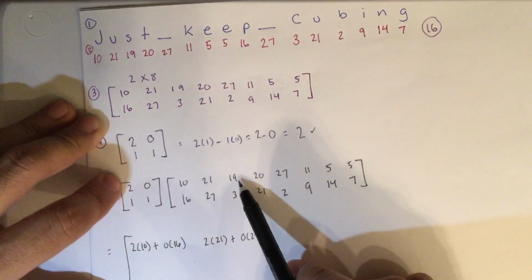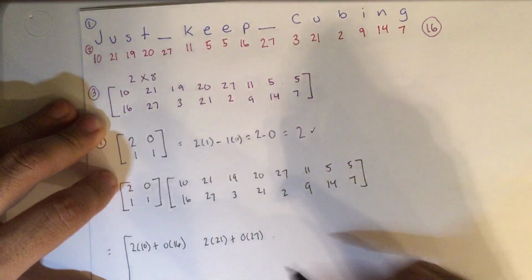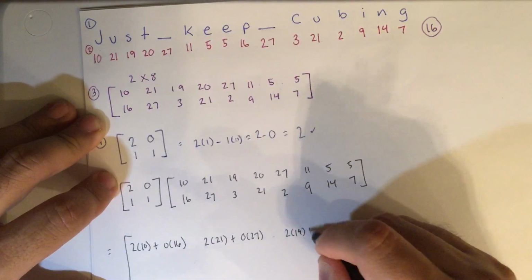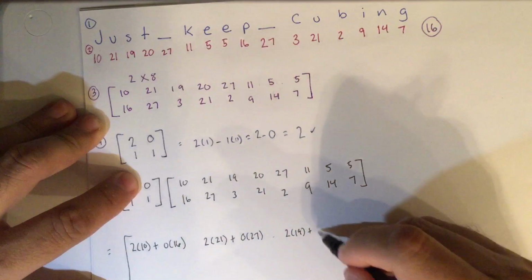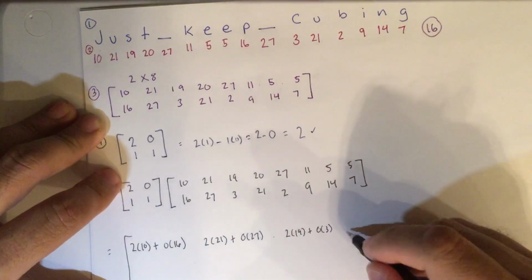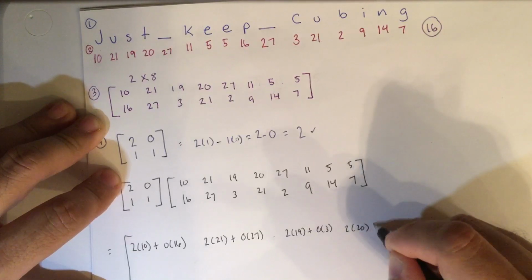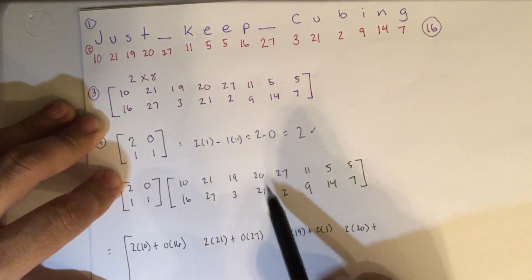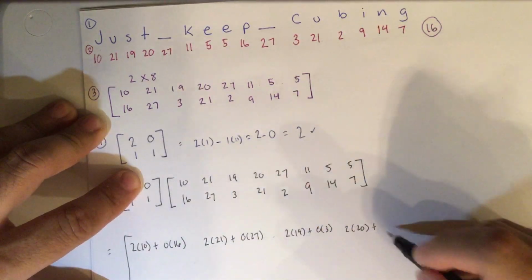Then the next one: 2 times 19 plus 0 times 3. Then 2 times 20 plus 0 times 21.